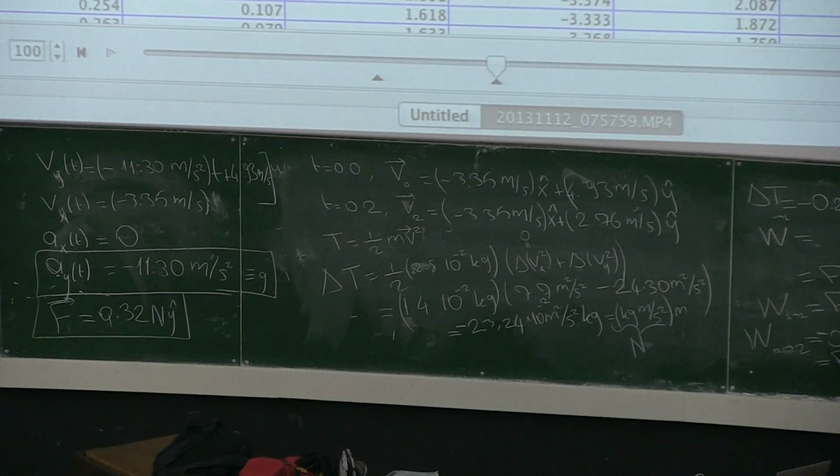So the work done is also negative because my object is moving upwards, whereas my force is downwards. If you have two vectors pointing in opposite directions, their scalar product will be negative. The work done during the same time is minus 0.26 joules.